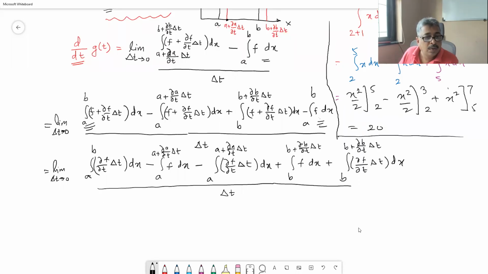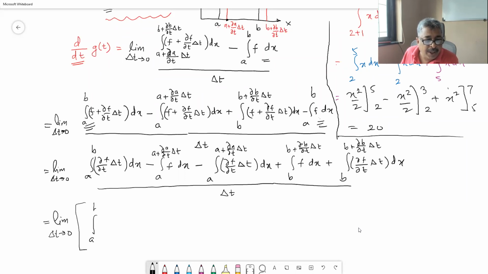Okay. Now, if we look at this bracket, then this delta t is a fixed change in time. So it can be taken out and I can do this limit delta t tends to 0. It is going to be this delta t constant and this delta t will cancel. So let me put it in big bracket.